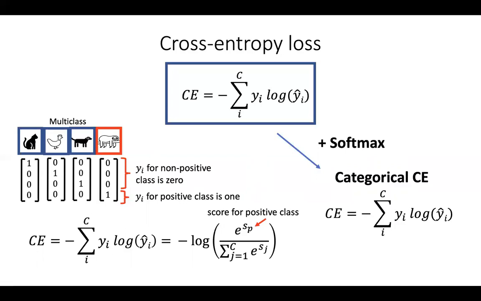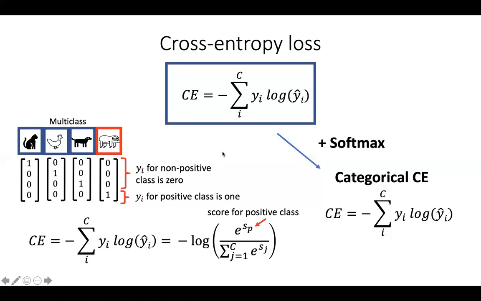In the end, you will end up only with the class which has a true label equal to 1. Therefore, we can simplify this loss to this form, where we evaluate only the score for the positive class. And this is basically what categorical cross-entropy is.